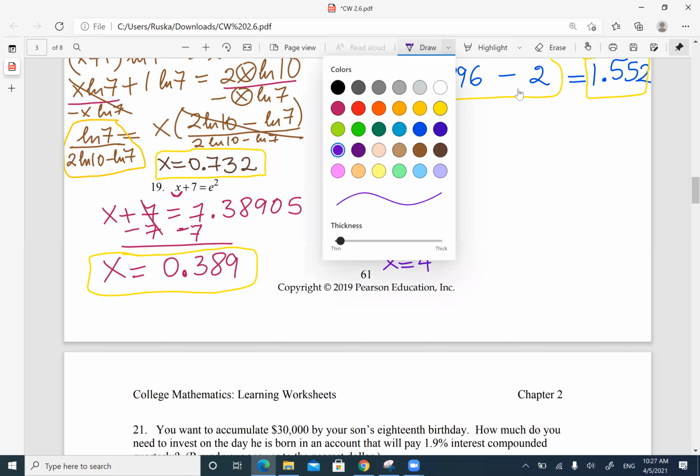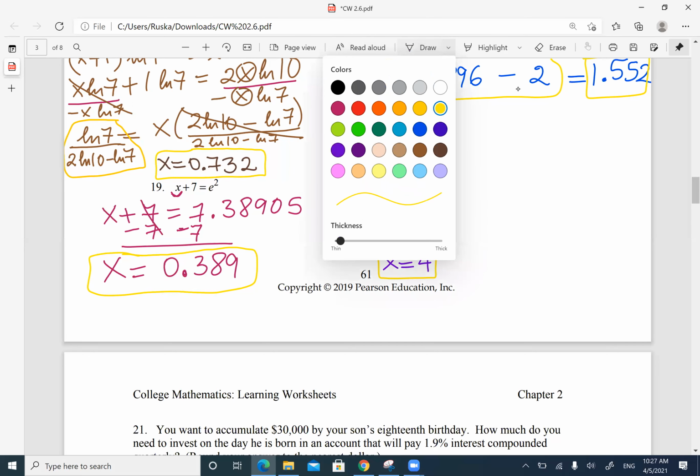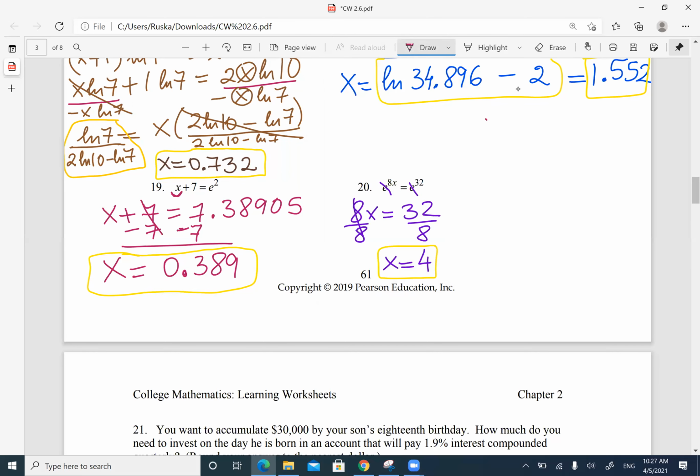Okay, so I'm going to review how to solve all the different types of equations. When you have the same bases equal to each other, so if you have a with exponent equals a with another exponent, you cross out the bases and you solve it. x equals y, right?